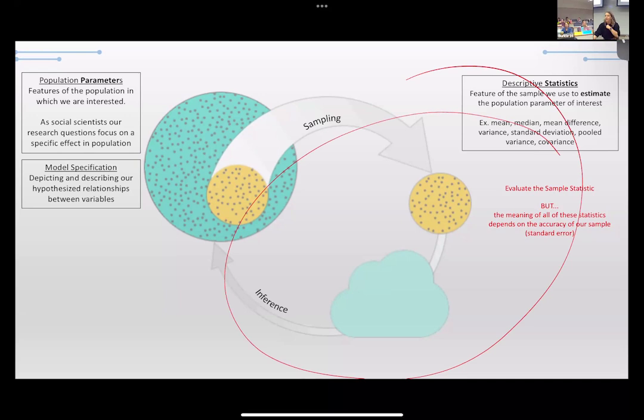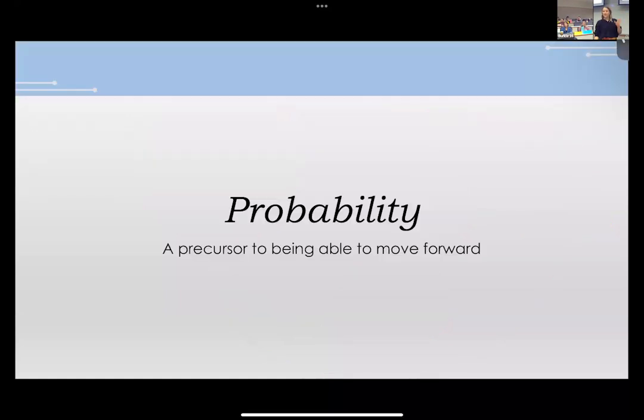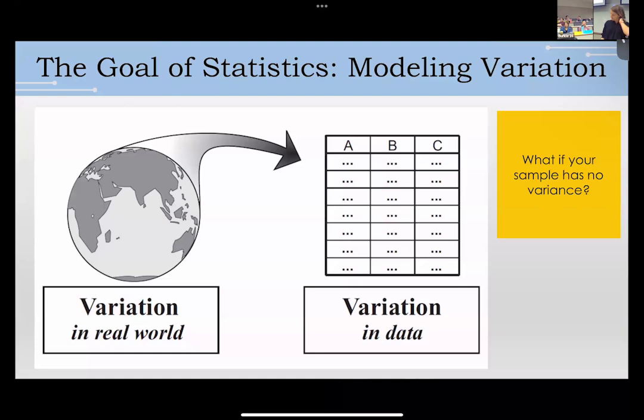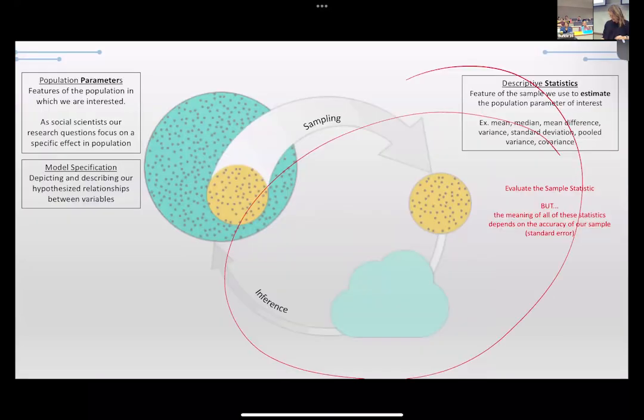Without understanding how to calculate probability of things, you can't do anything in this red part of the process. So we're going to take a little detour into the probability stuff that we've done. Oh, I did start with sampling distributions, I lied, sorry. So we've got our descriptive stats. We're going to evaluate that sample statistic based on how off that particular sample is going to be. We're good?